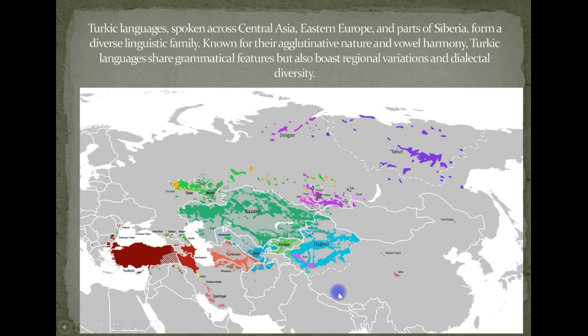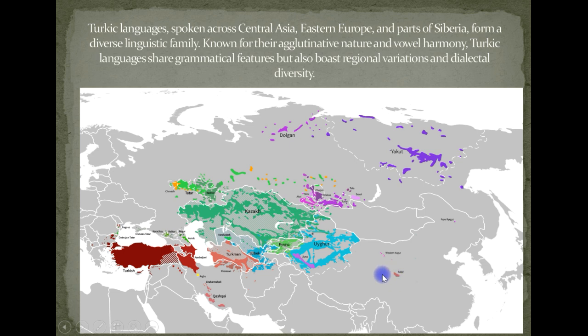And also you can see here the red color in China, the Salar people. Who are the Salar people, and how is it possible that they also speak a Turkic language?